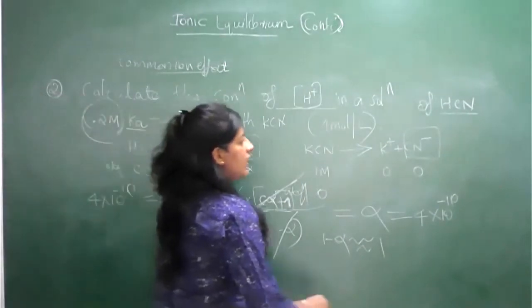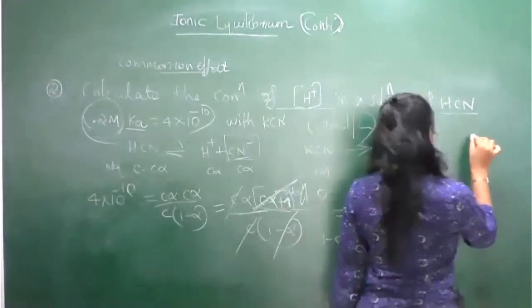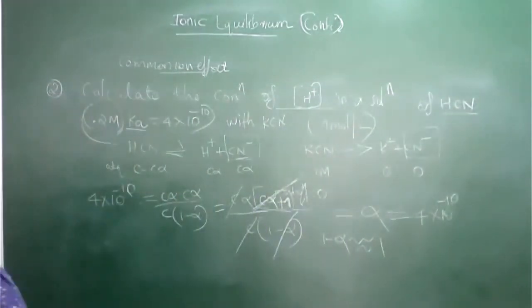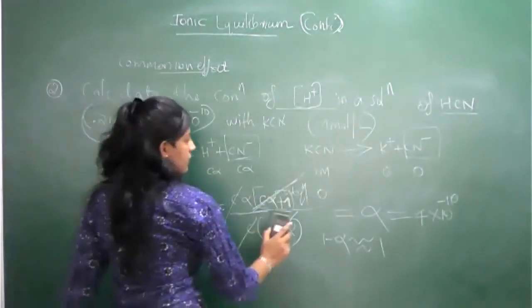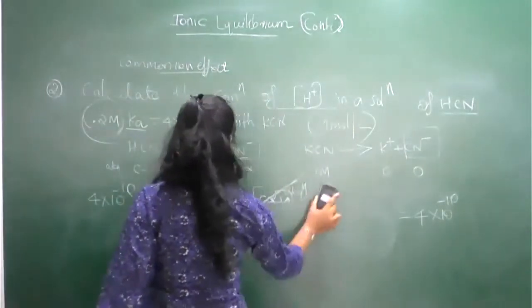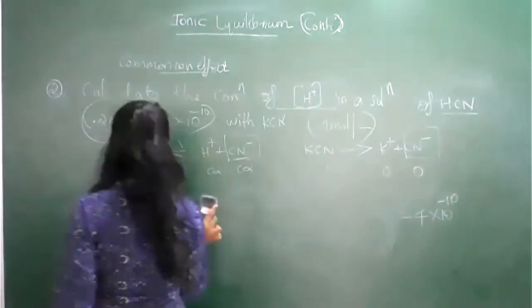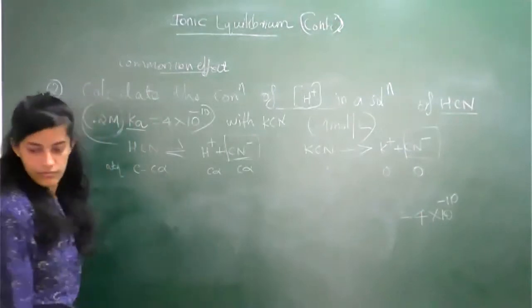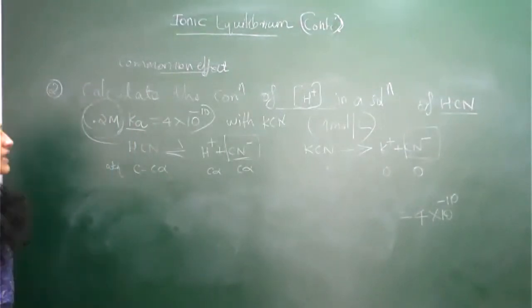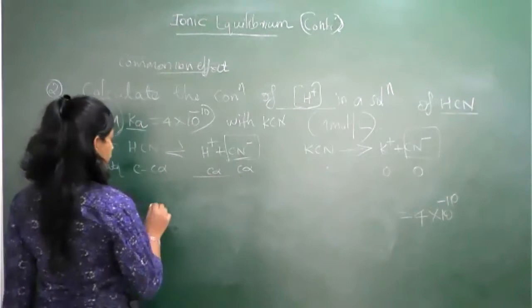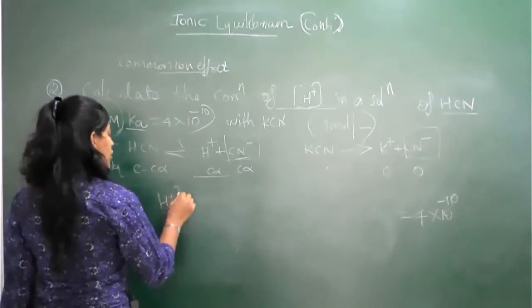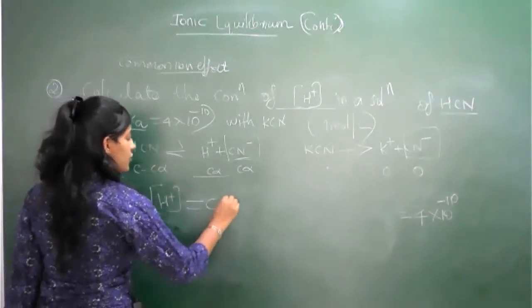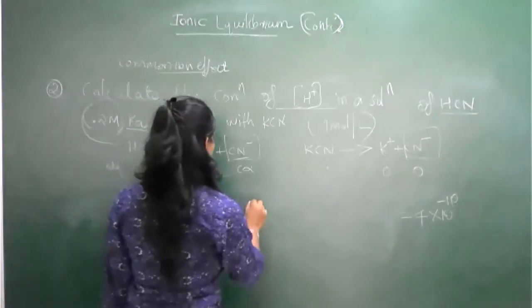C alpha, H plus. Yeah. From this side you will get an equation. So the H plus ion concentration is alpha. So alpha you got it.